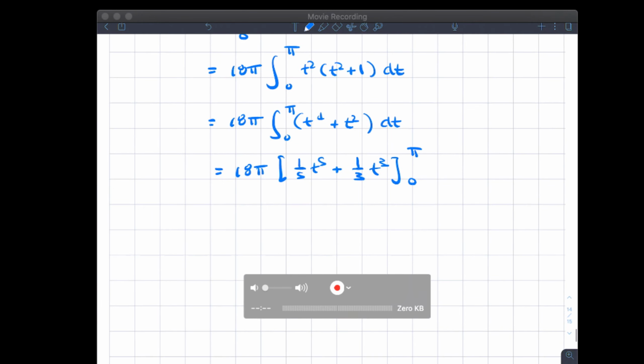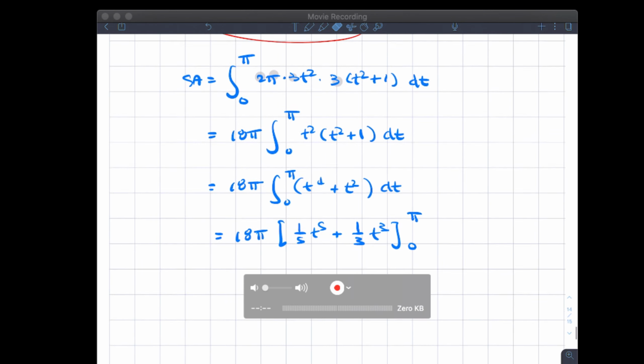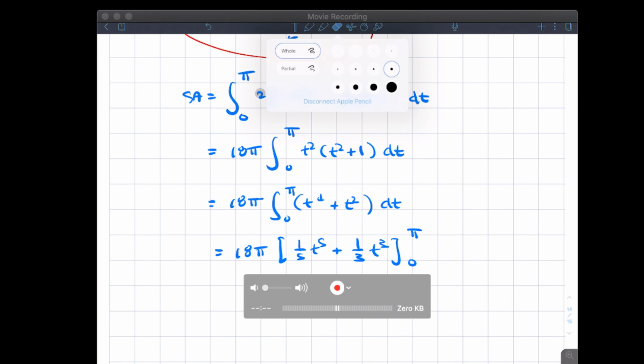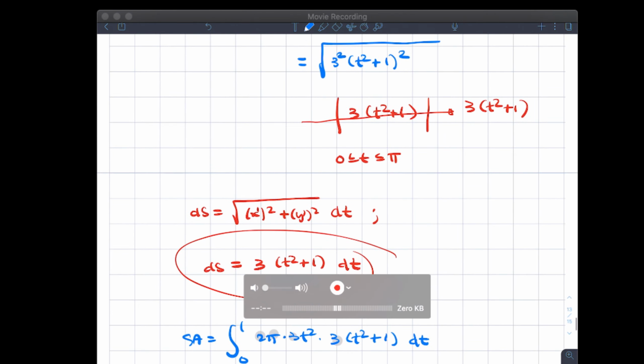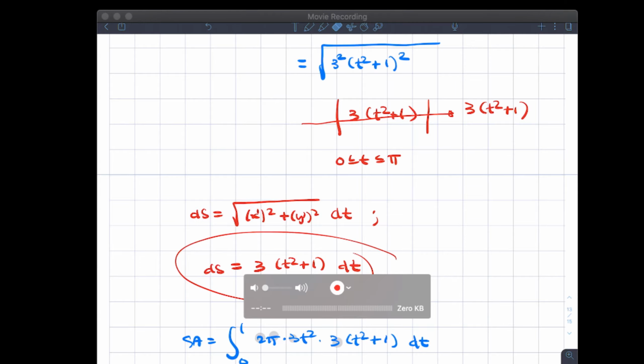I apologize. It's not 0 to pi. It's 0 to 1. That's the problem. It's not 0 to pi. It's 0 to 1. So let me see if I wrote that down correctly. Zero to 1. That'll make things a little bit helpful. So 0 to 1 here.